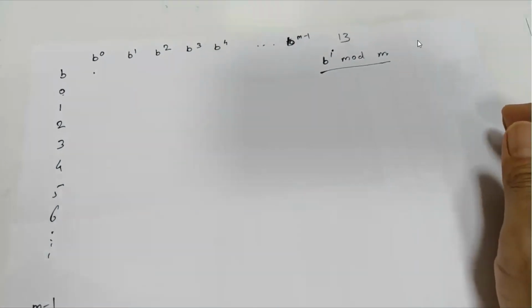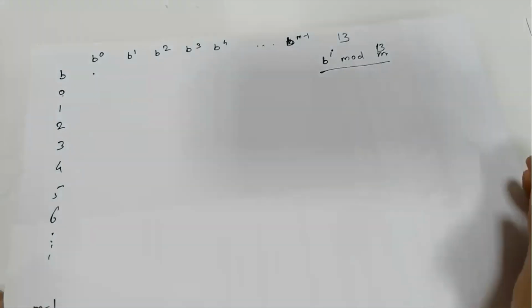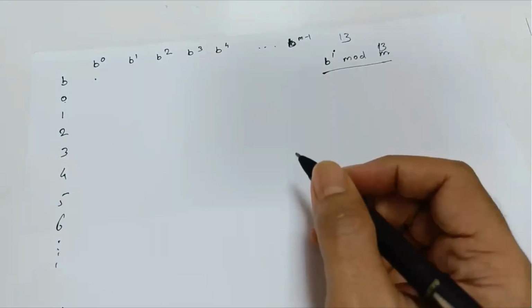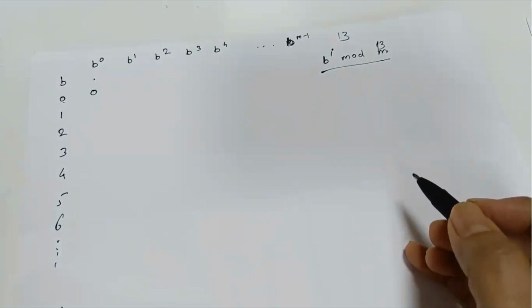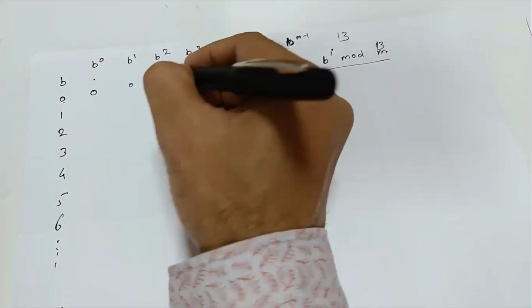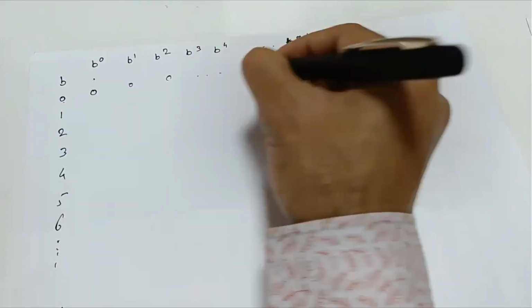Am I audible properly? Yes, sir. So we calculate this part and put it in the cell value. Here 0 mod 13 will be 0, and these will be all zeros, because 0 raised to 1, 0 raised to 2, and so on.